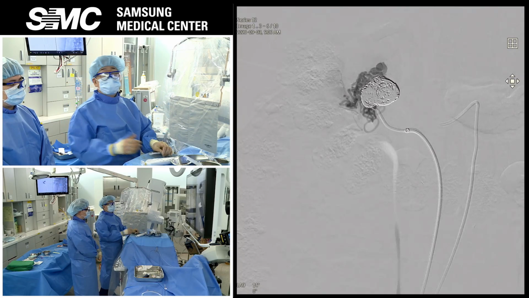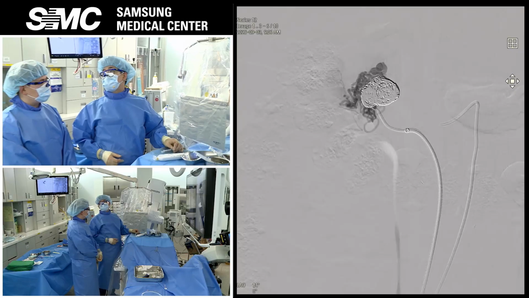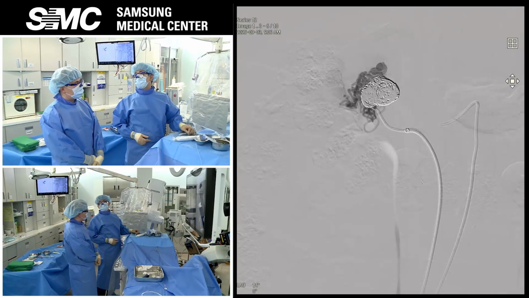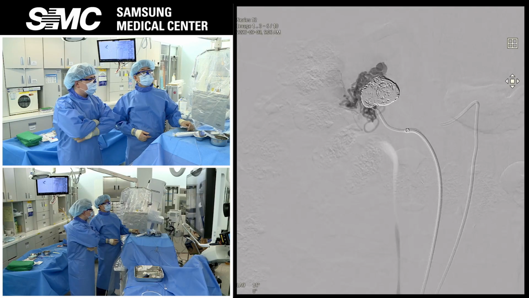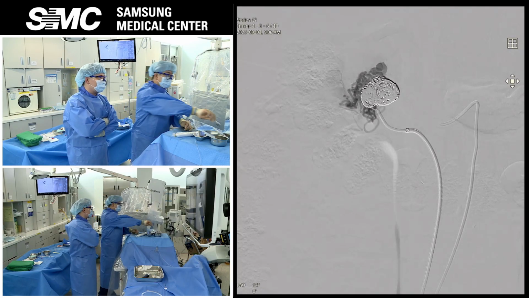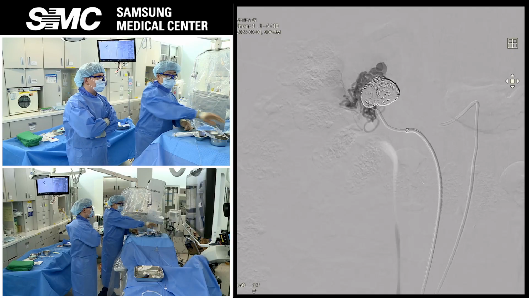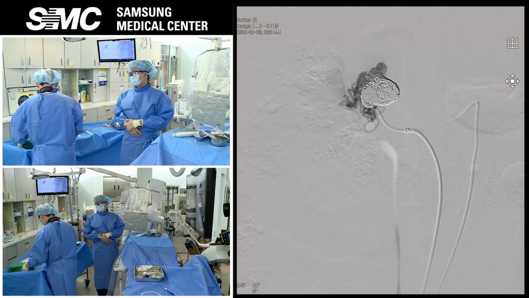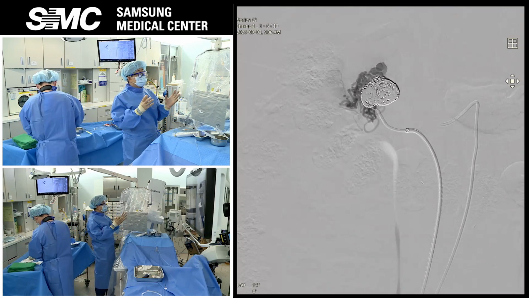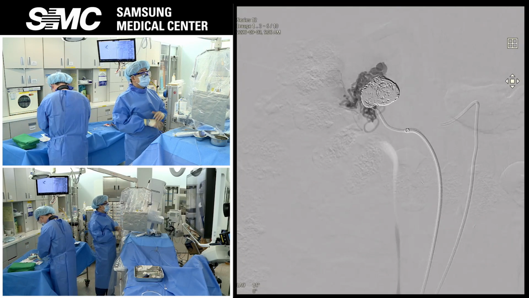So, do you think additional ethanol embolization is needed? Yes, I think some ethanol. Yes, yes. Okay, we will make 80% ethanol to reflux to the adjacent area of the feeding artery.